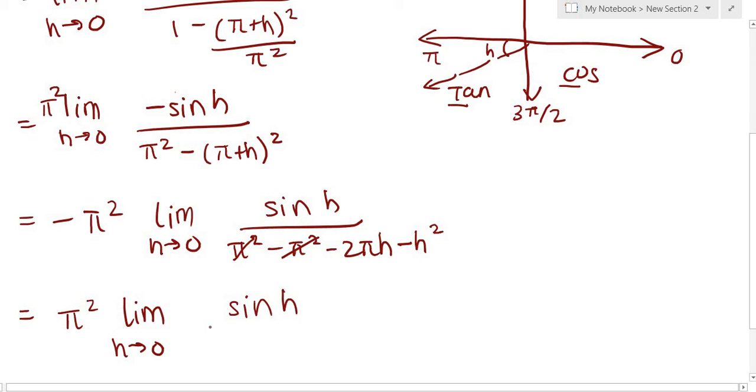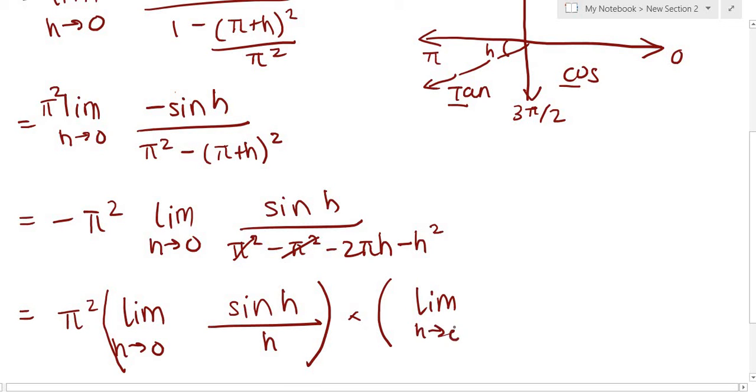sine of h over h times, I'll just bracket the first term. I'm going to split this up. Limit as h tends to 0. Since we factored out h from the denominator, we just have 2 pi plus h.